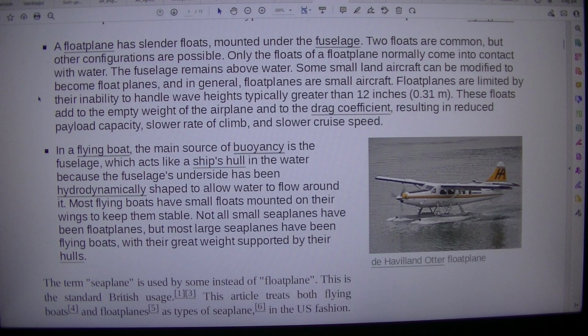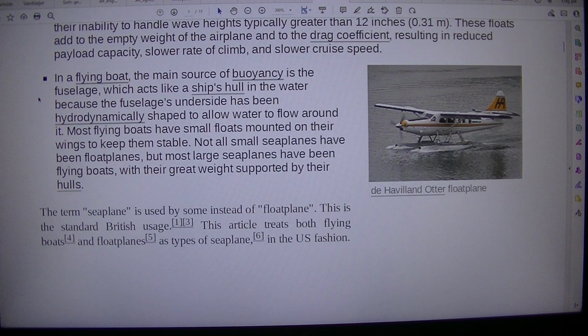De Havilland Otter floatplane. In a flying boat, the main source of buoyancy is the fuselage, which acts like a ship's hull in the water because the fuselage's underside has been hydrodynamically shaped to allow water to flow around it. Most flying boats have small floats mounted on their wings to keep them stable.